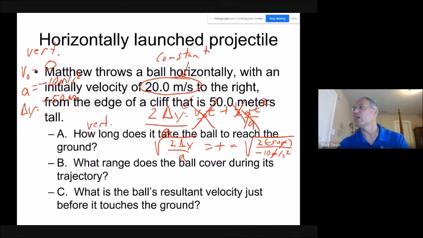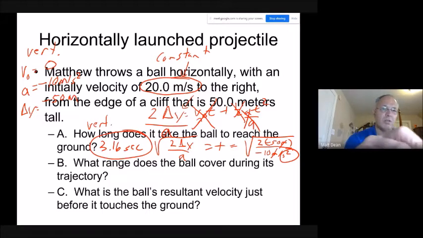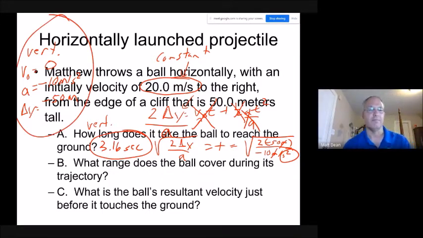We're going to take the square root of 10 to get 3.16. And that's going to be 3.16 seconds because we're taking the square root of seconds squared. So to find the time in a projectile problem, the time is dependent on vertical stuff. Work vertically to find time.